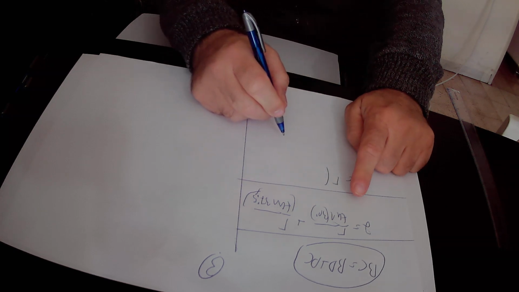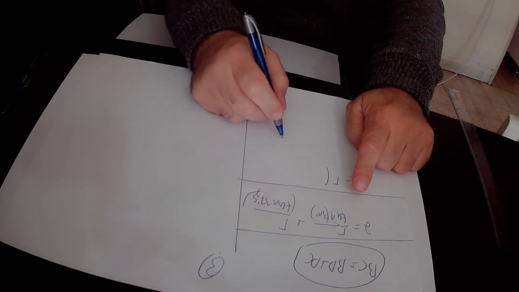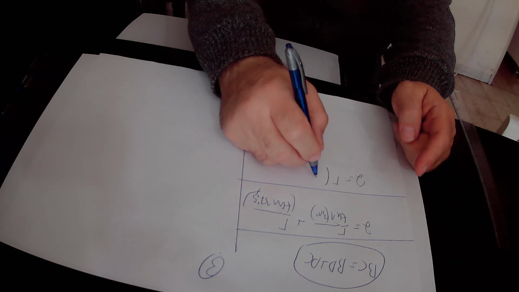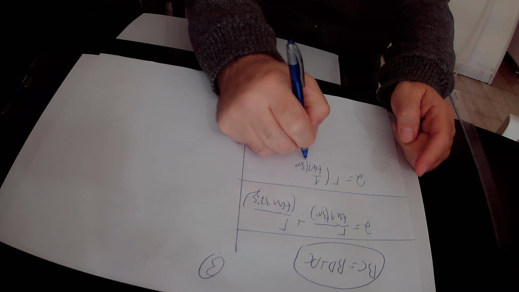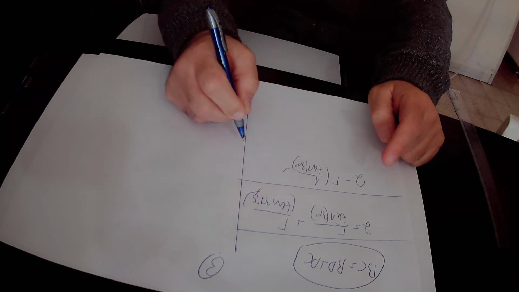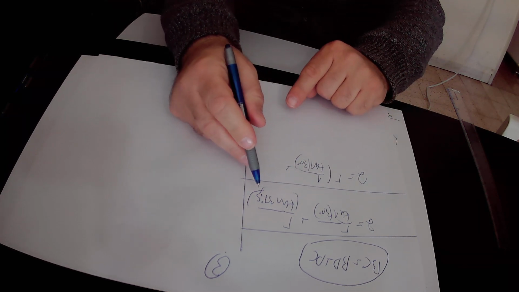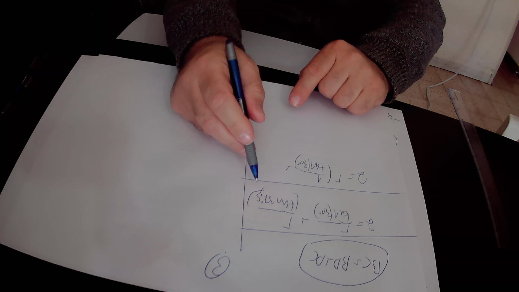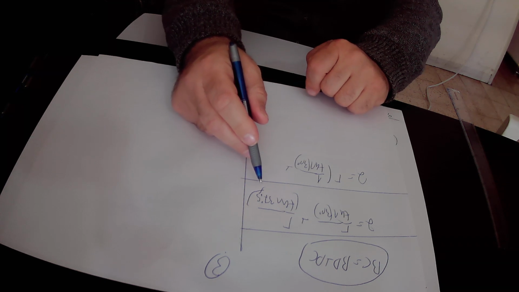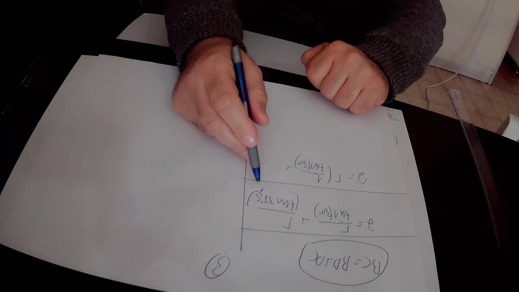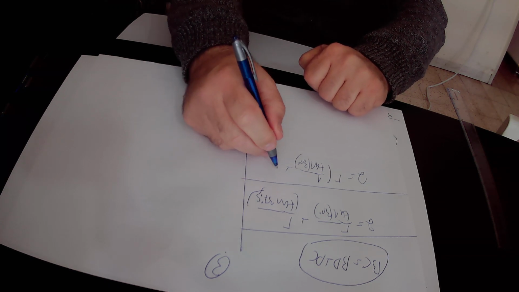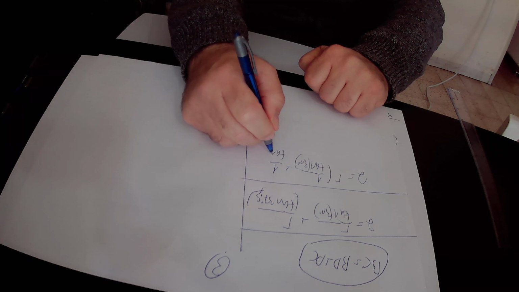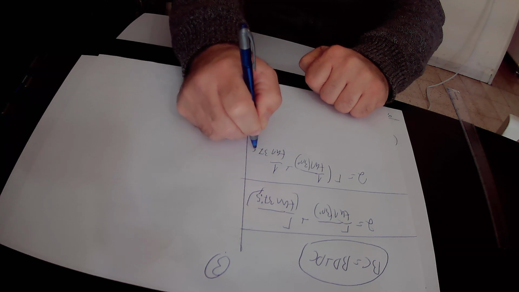What is left from R over tan 30 degrees after we took R out as a common factor? What is left is 1 over tan 30 degrees, plus what is left from R over tan 37.5 degrees after we took R out as a common factor. What is left is 1 over tan 37.5 degrees.